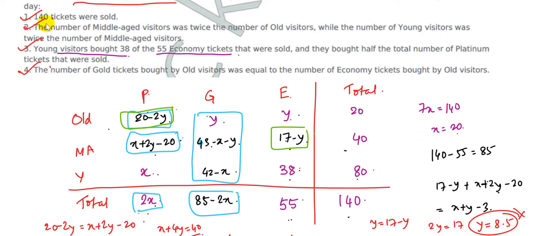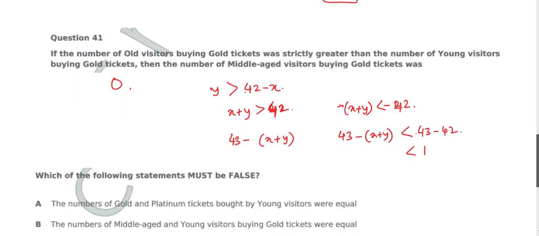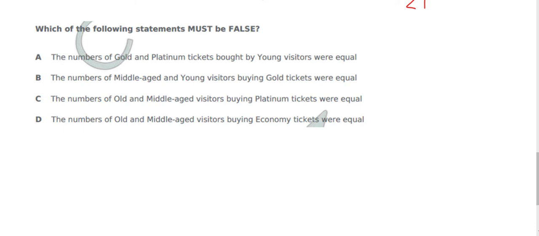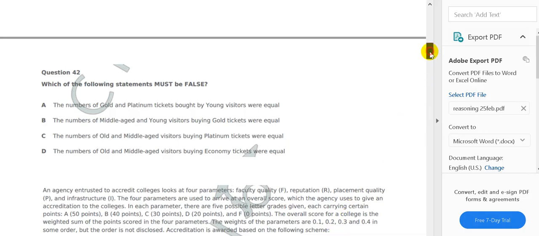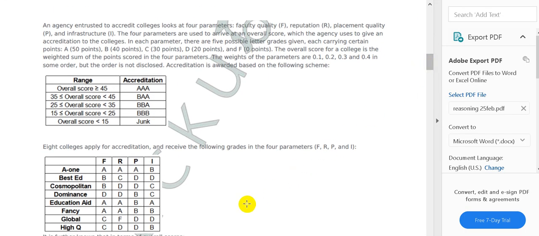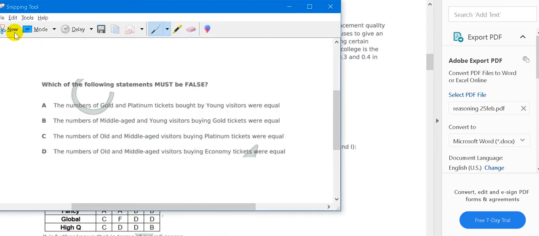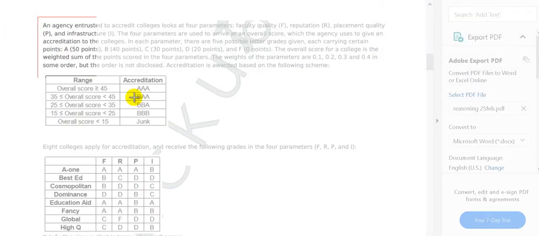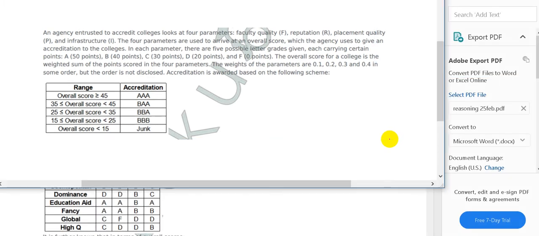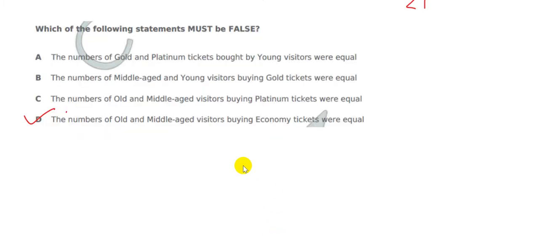So the last case cannot be true. So this is the case that has to be false. Is it clear for everyone? Yes, sir. Okay.